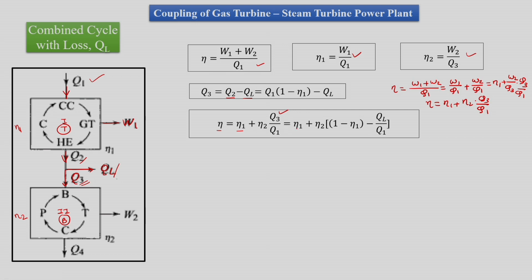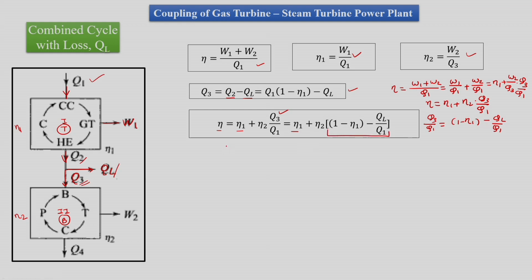So this is eta 1 plus eta 2 into Q3 upon Q1, but Q3 upon Q1 can be expressed from this expression as Q3 upon Q1 is equal to 1 minus eta 1 minus QL upon Q1. So this is what is expressed over here in the bracket.